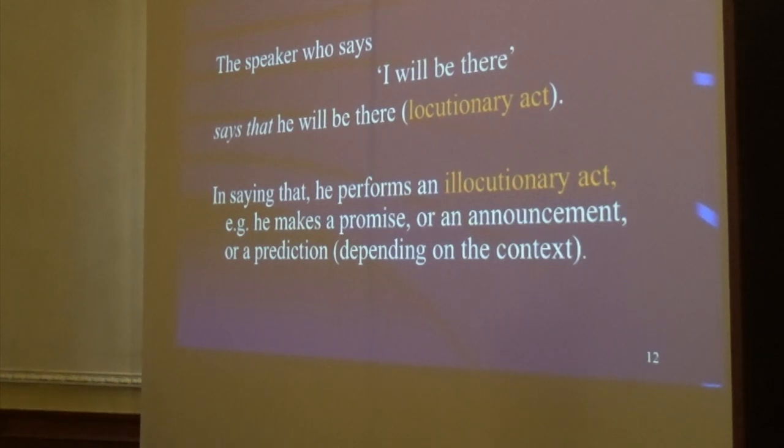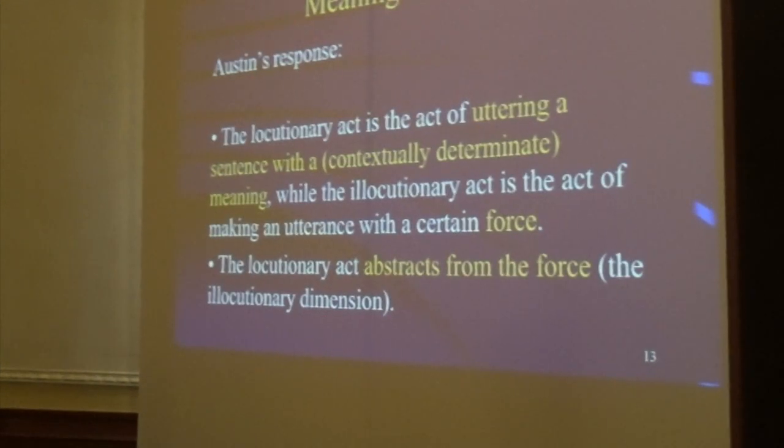There are different possible illocutionary acts that you might perform by saying, I will be there, which is a sort of implicit performative. So what actually is the illocutionary force of the act depends upon the context. But you perform all these illocutionary acts by actually saying that you will be there, which is the locutionary act. So that's the sort of example.